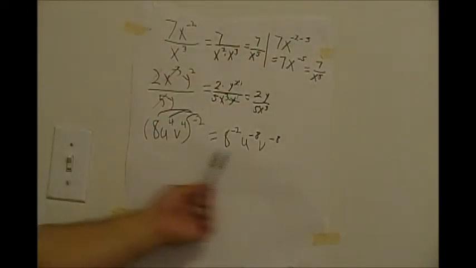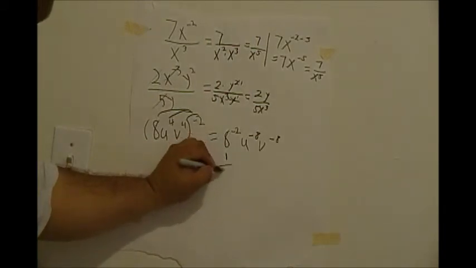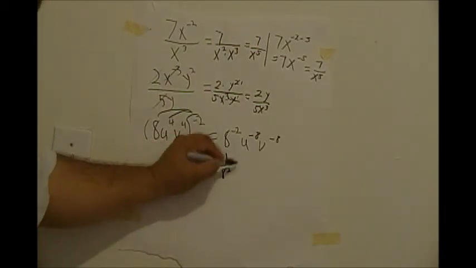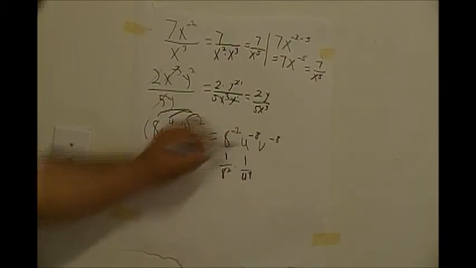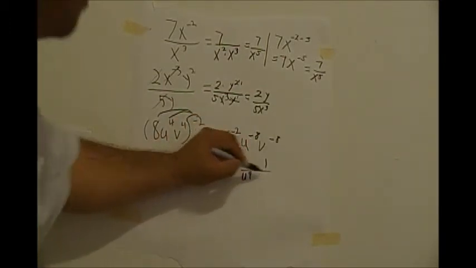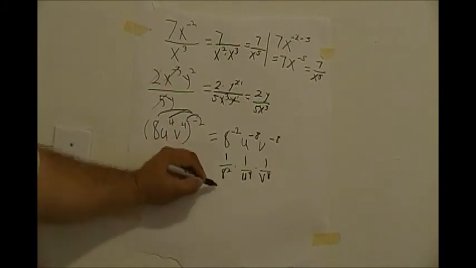Now let's rewrite these negative powers into fractions. That's going to be 1 over 8 squared times 1 over u to the 8th power times 1 over v to the 8th power. See how we got those? Okay, now let's just do fraction multiplication. How do we multiply fractions?